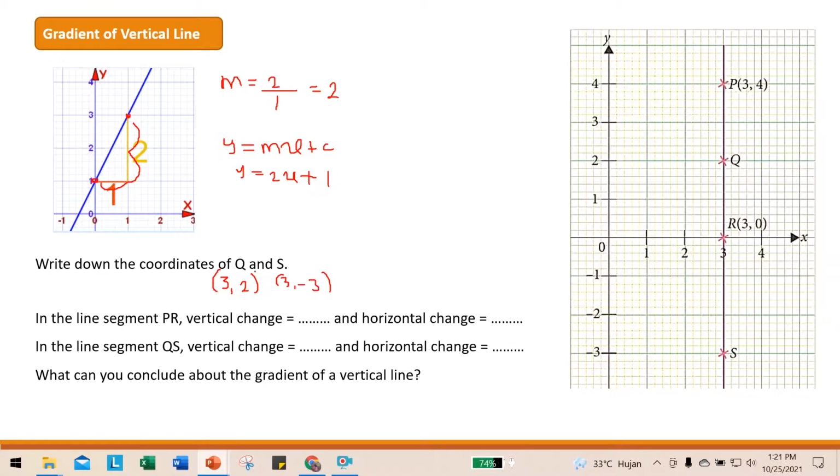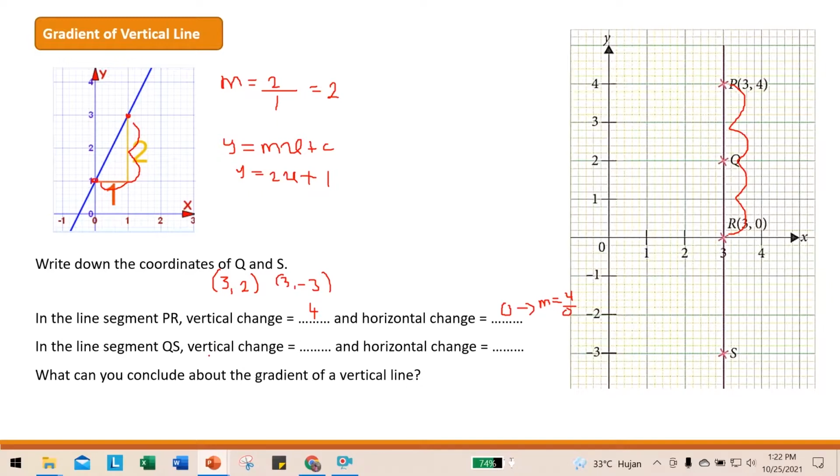In the line segment PR, the vertical change is 4, and horizontal change is 0. So its gradient is 4 divided by 0. The answer is undefined.